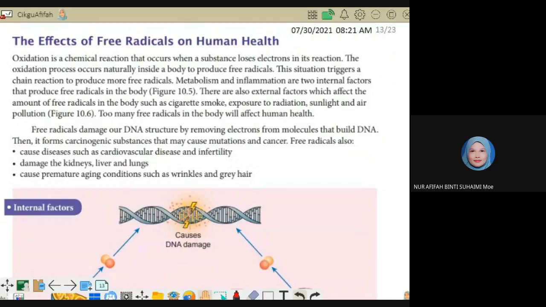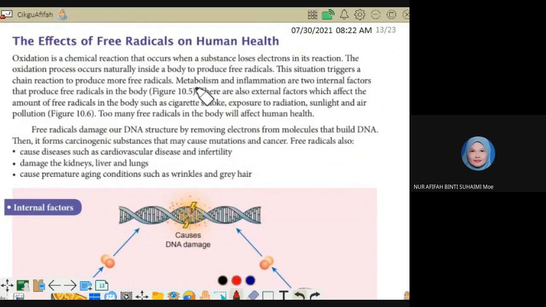So the free radicals, the unstable atom or molecule just now, are released from the oxidation process. Oxidation process is a chemical reaction that occurs when a substance loses electron in its reaction. That is oxidation process. So oxidation process ni lah yang akan hasilkan unstable atom, or we call it free radical.